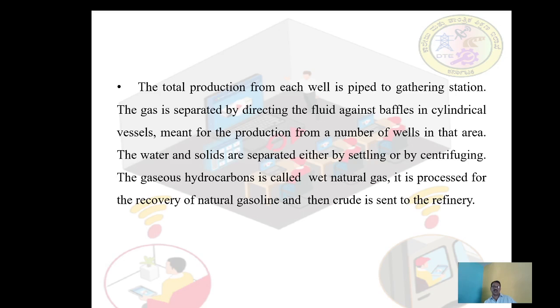A gaseous hydrocarbon is called wet natural gas. It is processed for the recovery of natural gasoline and then crude is sent to the refineries. This is how we can take out the crude petroleum from the oil traps under the earth to the surface.